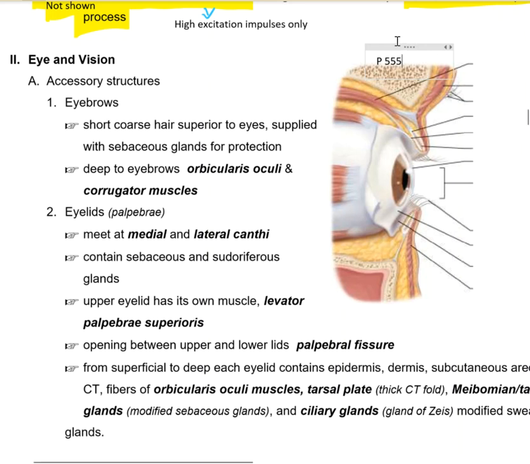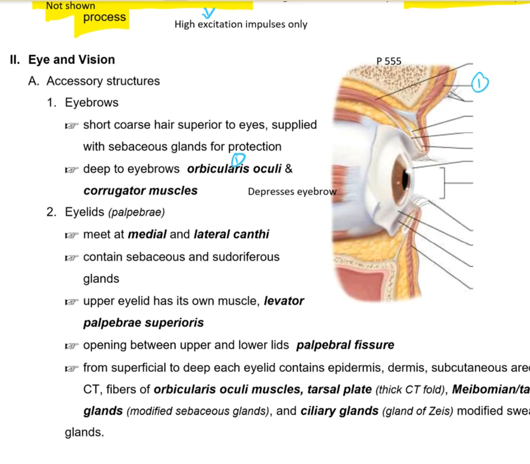And deep to the eyebrows are right here, you can see a muscle, and that's the orbicularis oculi, and that depresses the eyebrow. Okay, and we can make a little number 1 here, and that's this one.